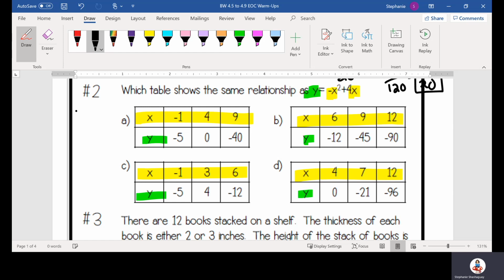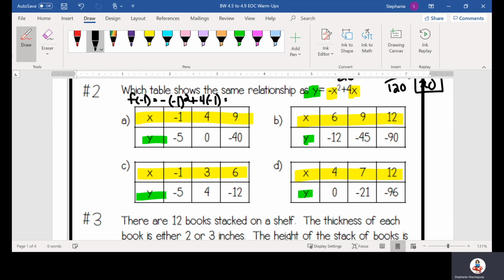So we're going to start with f of negative 1. So that's going to be a negative 1 squared. Kind of out of space, so let's try to write this somewhere else. I'm going to write it up top here. f of negative 1 is going to be equal to a negative 1 squared plus 4 times negative 1.